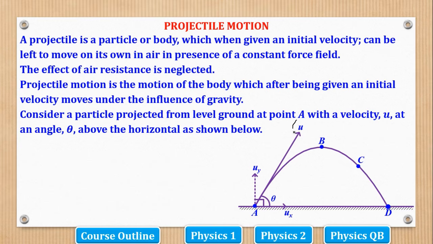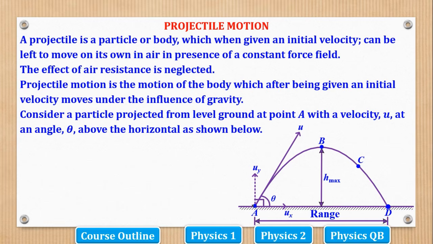This velocity is at an angle, meaning it can be resolved into two components, horizontally and vertically. u cos theta is the horizontal component of the initial velocity, and u sin theta is the vertical component of the initial velocity. Then we have Hmax, which stands for the maximum height attained by the particle. Then we have another term called range.